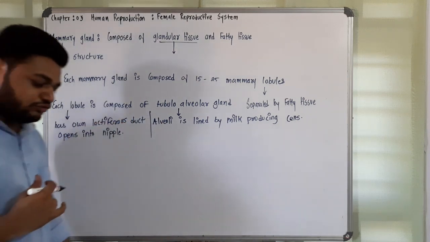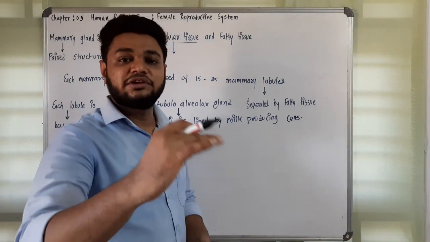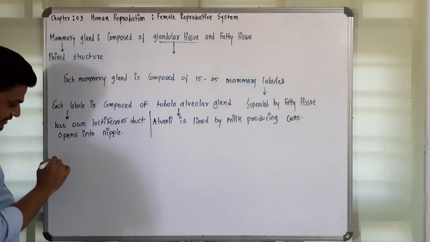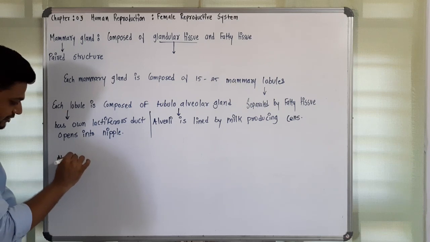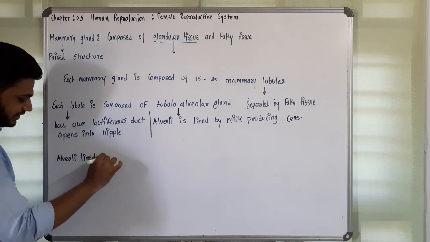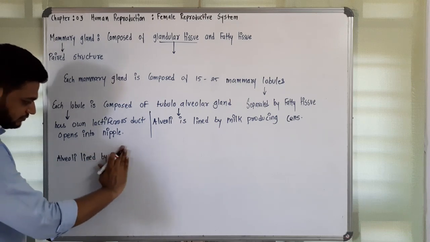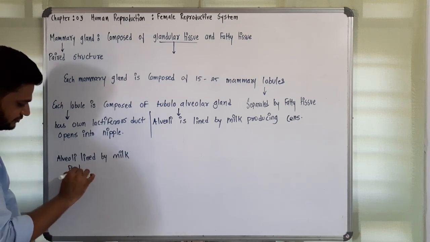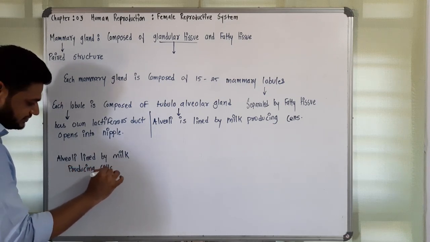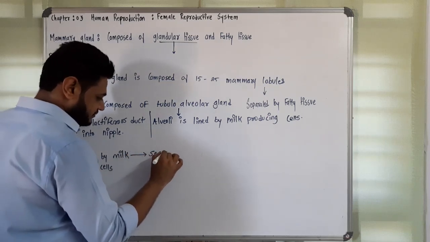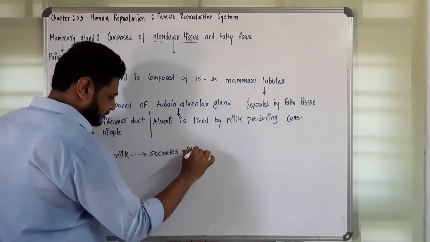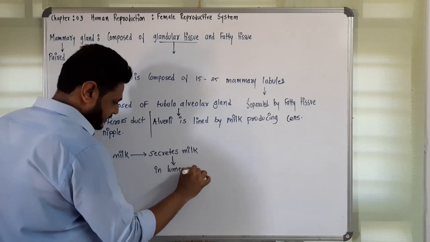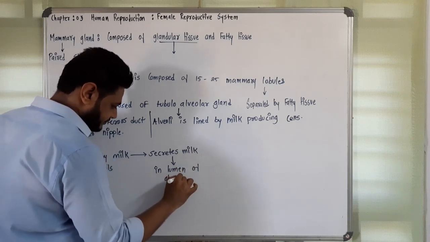This is the basic thing. Now we need to understand the pathway, how things go. First of all, the alveoli are lined by milk producing cells. Milk producing cells secrete milk, which is emptied into the lumen of the alveoli.